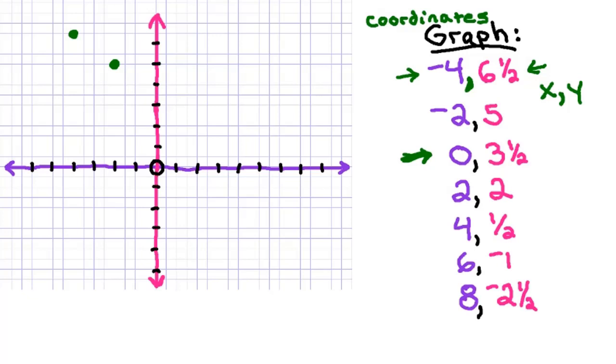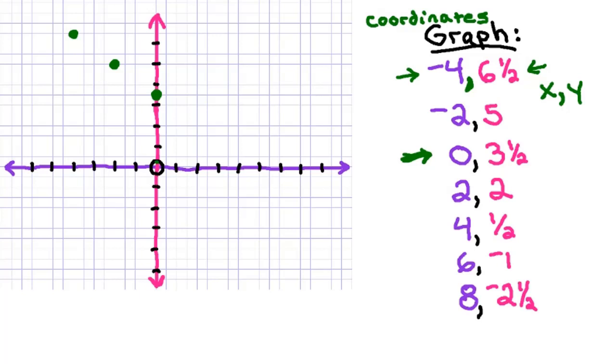So 0 on the x-axis is exactly that. It's going to be the 0 right where the x-axis and the y-axis meet. And then 3.5 is your y value, so you go up 3.5. So 1, 2, 3, and a half.